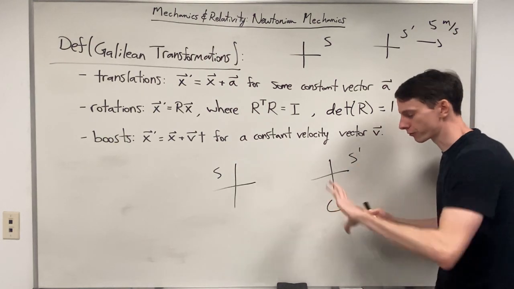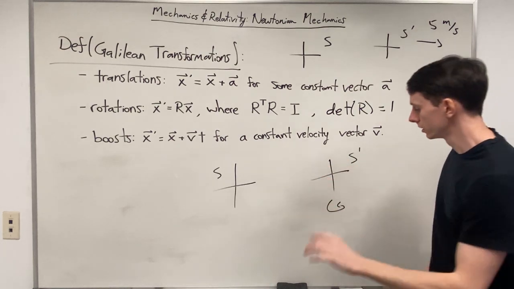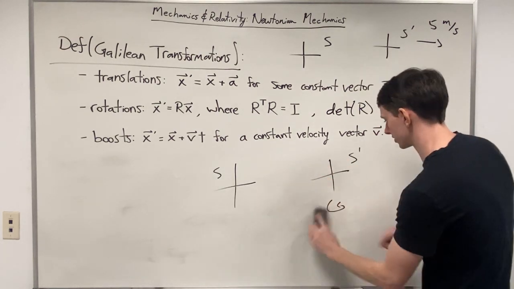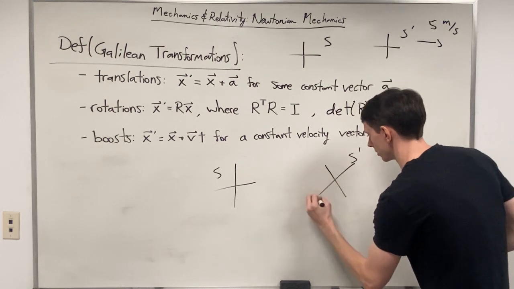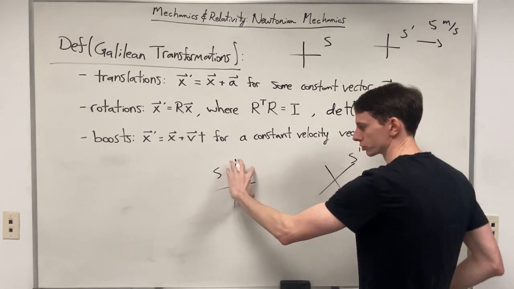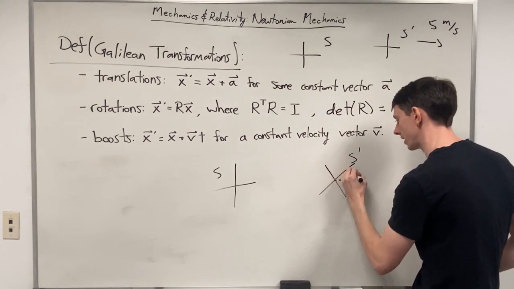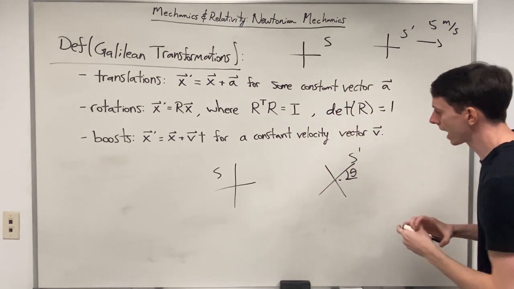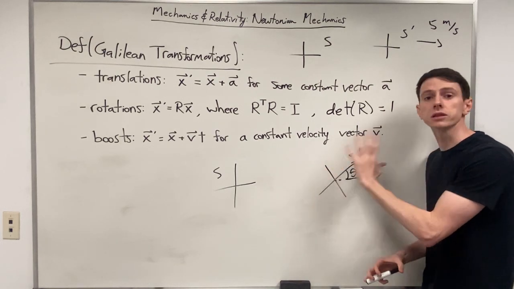If we were to just perform a rotation at one point, but then fix it, so then maybe this is what S looks like, and then maybe S prime just looks something like this, where we can imagine taking this frame right here and just rotating it counterclockwise by an angle theta, like this. But once we've rotated by an angle theta, we just left it alone.